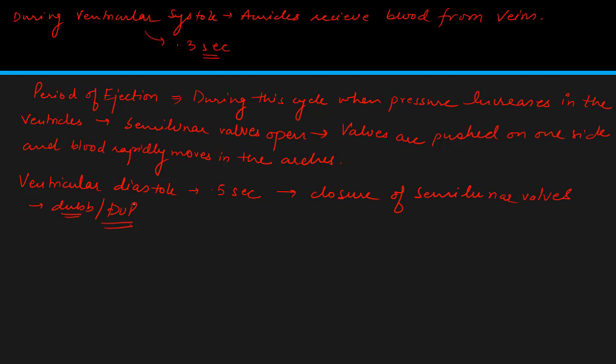Ventricular diastole has the following substages. One is the isometric relaxation. Because of the ejection of blood into the arches, the pressure inside the ventricles decreases as compared to the pressure inside the arches.